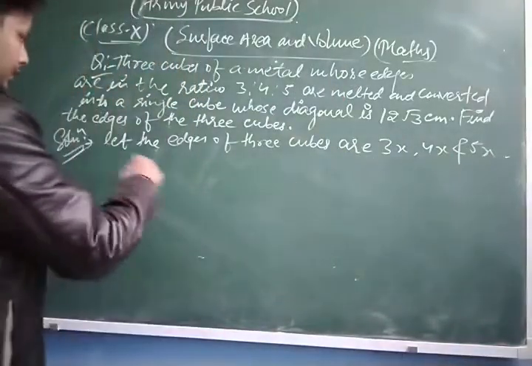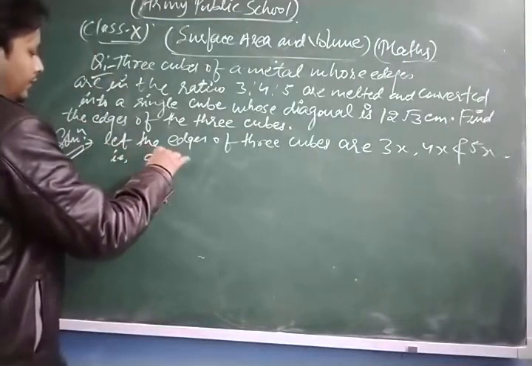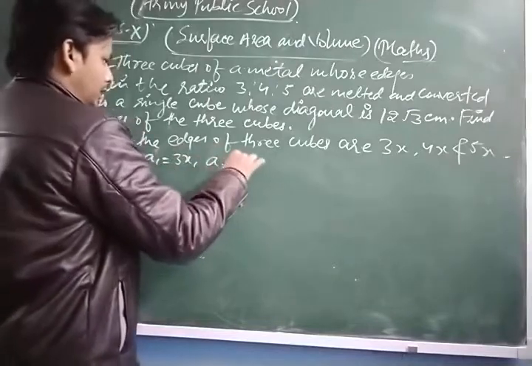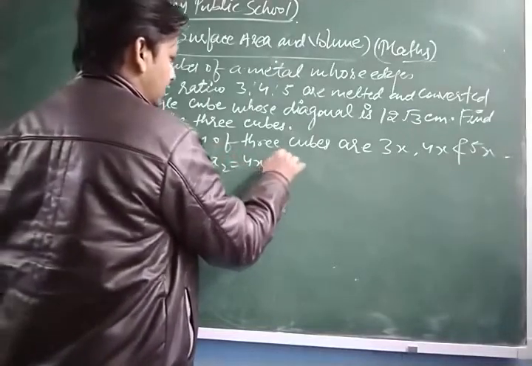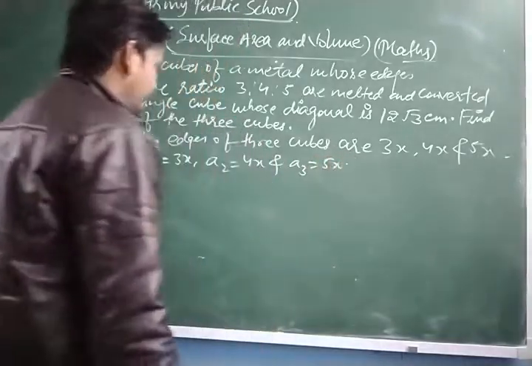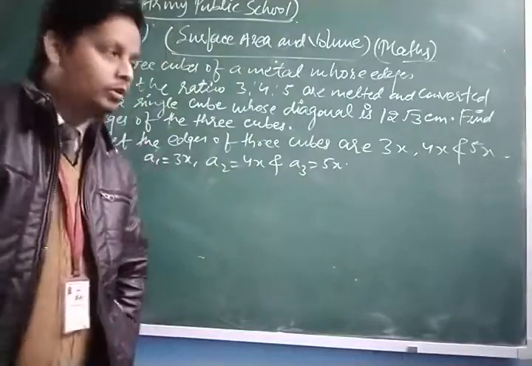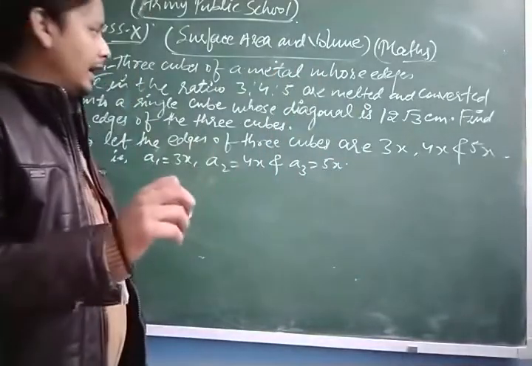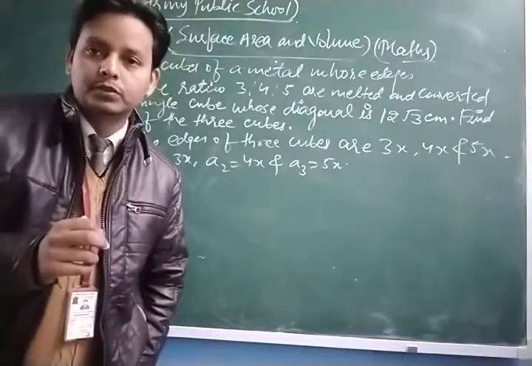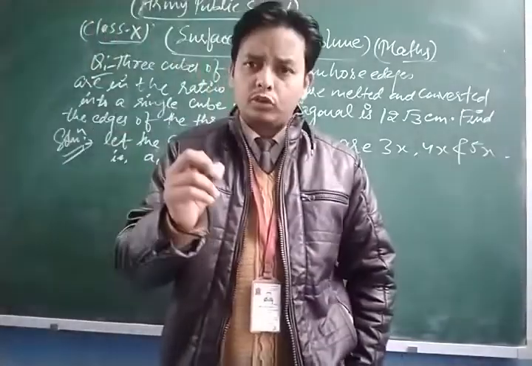That is, a1 is 3x, a2 is 4x and a3 is 5x respectively. Now look, they are melted and converted into a single cube. So in that condition, the sum of the volumes of all 3 cubes is equal to the volume of the single cube.